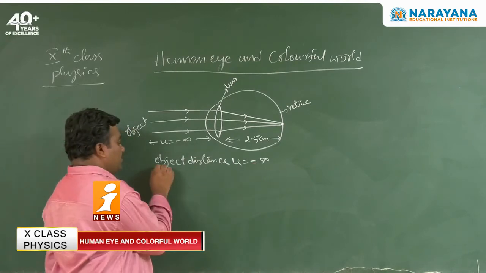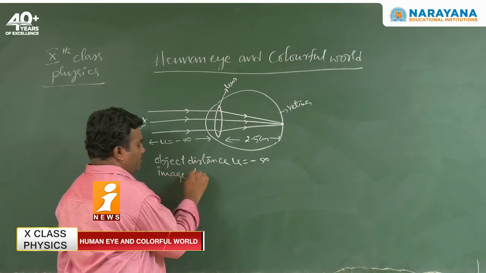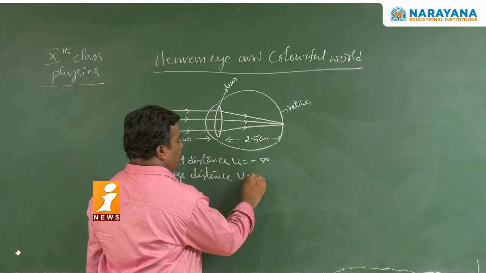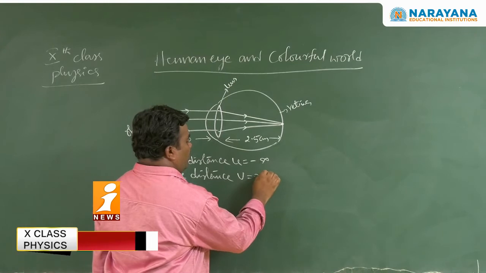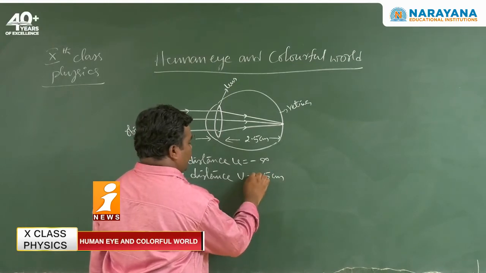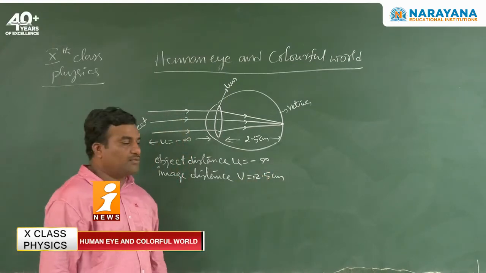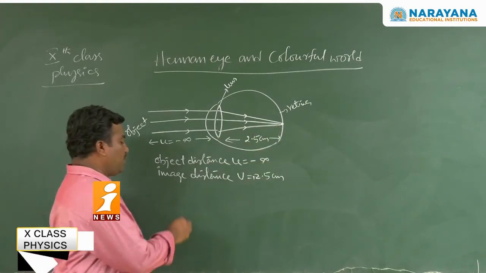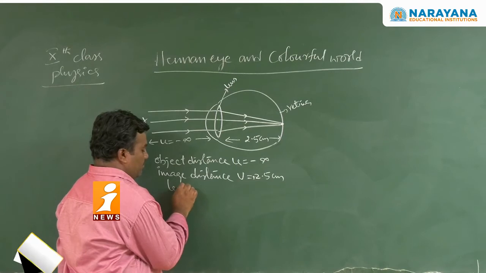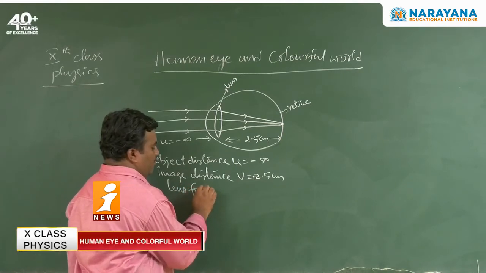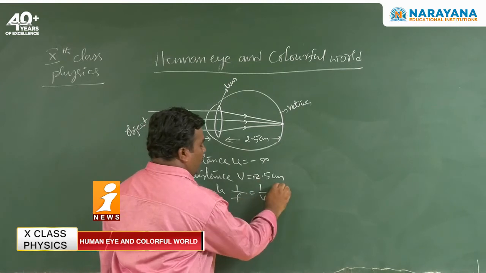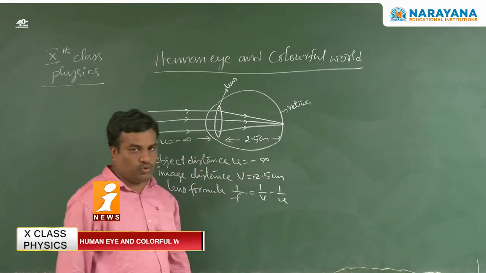And the image distance, v equal to plus 2.5 centimeter. It is along the incident ray direction. Now we take the lens formula: 1 by f is equal to 1 by v minus 1 by u.